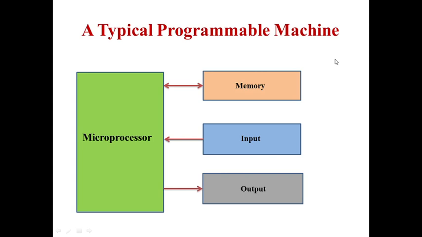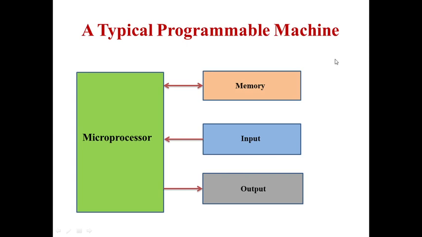That means we have to receive the first number, right? Then we have to store that number somewhere in the memory. Then we have to receive the second number, right? Then we have to keep that second number somewhere. Then we have to add. Then we have to form the result. So these four steps, four instructions we have to give.